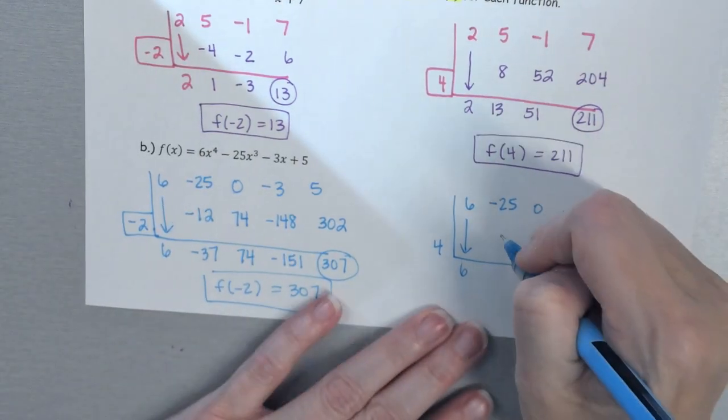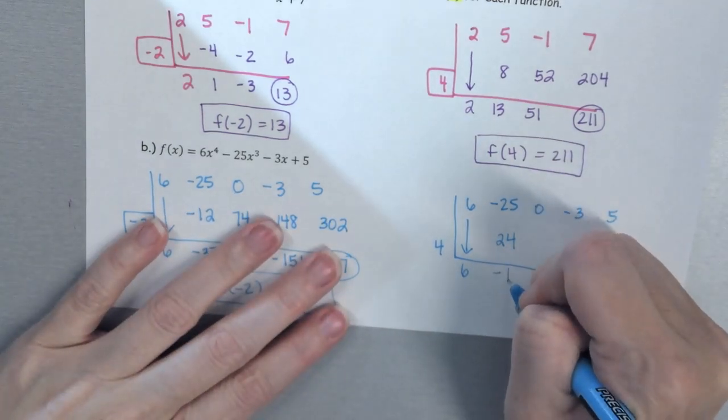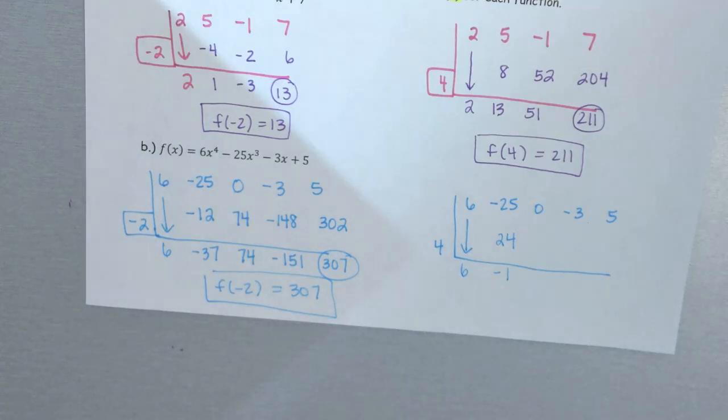Okay, so 6 times 4, 24. Negative 25 plus 24 is negative 1. I'll give you a second.